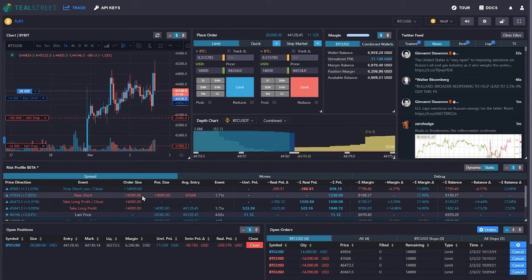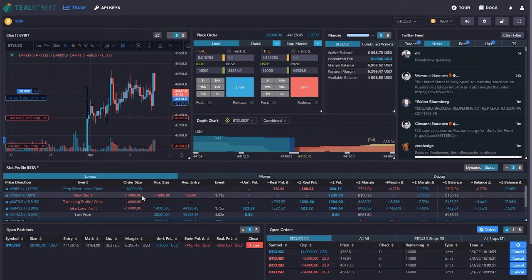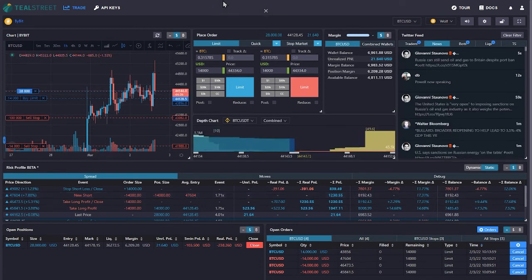Well, if you're retail, you don't have a risk manager, so you have to be your own risk manager. And this is a tool that's basically your risk manager. It tells you where the bad stuff would happen, tells you where the good stuff would happen, so you don't have to do the math in your head and you can accept all of the risk that comes with trading.